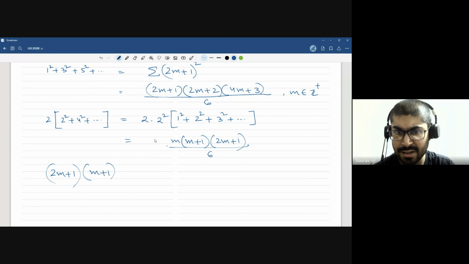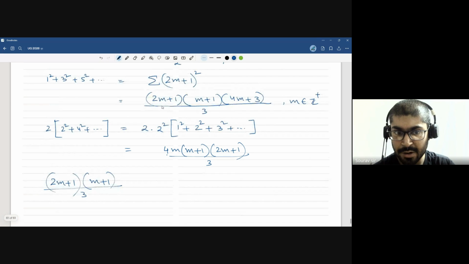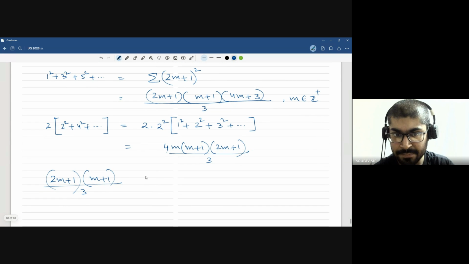So let us keep it 4 here and let us make both of these 3's and make this one m plus 1. Okay, by 3 and let this one be 3. So this is by 3 common. All right. So once we take that common, what will I get? I'll get 2m plus 1. I'll get 4m plus 3.